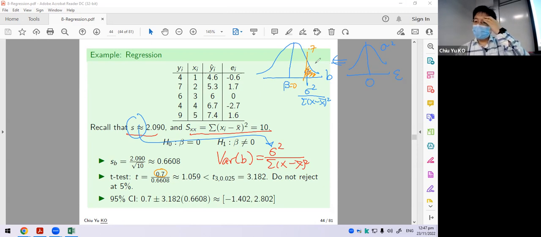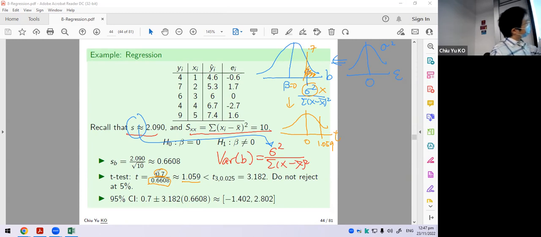And you transform it to t, because you don't know the sigma. You don't know this guy. So we just transform it to t. This is 0, and 0.7 becomes 1.059. You just divide by our estimated standard error.